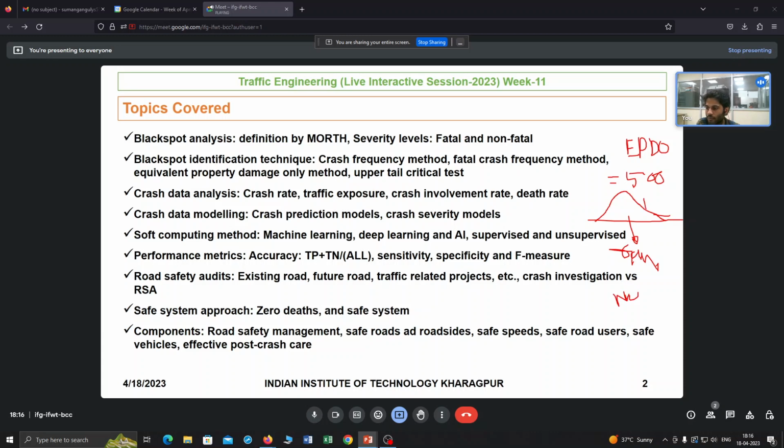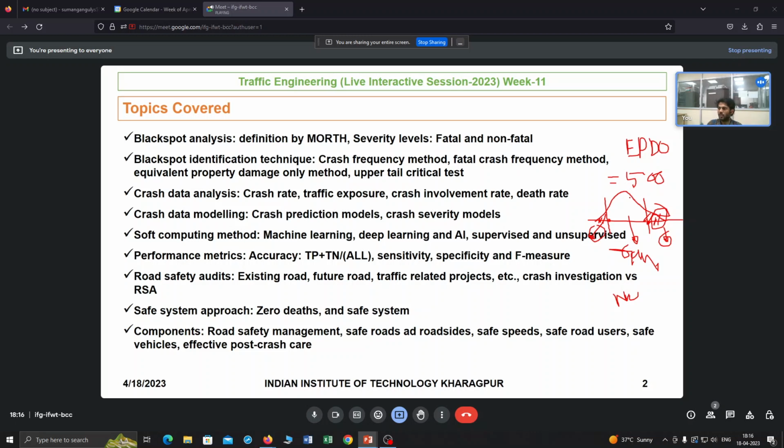Now if we calculate the 95th percentile value, the extreme values, then whichever locations lie outside of this, we can consider those locations as black spots, and the other locations as okay.